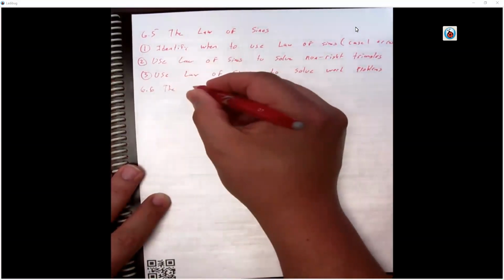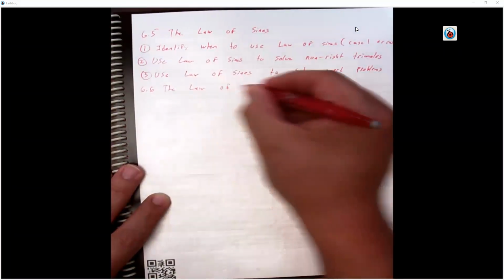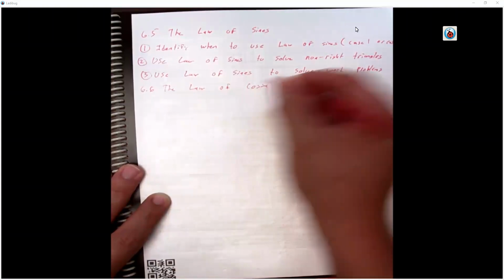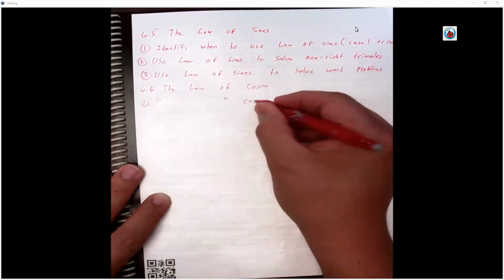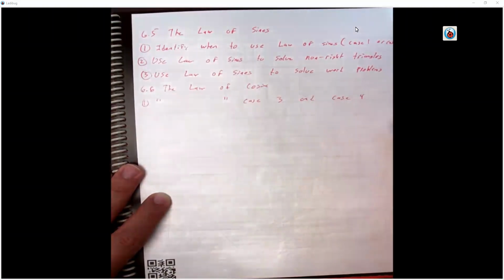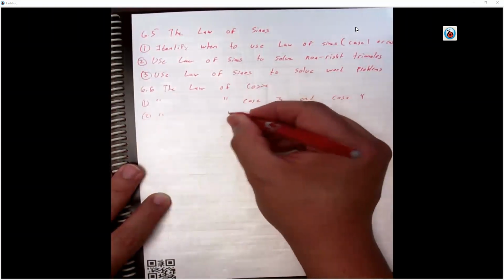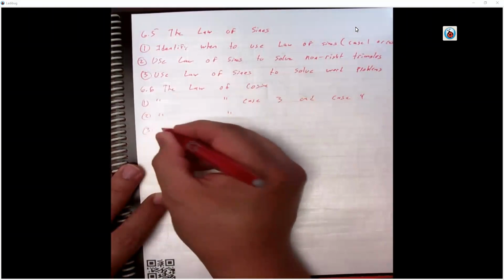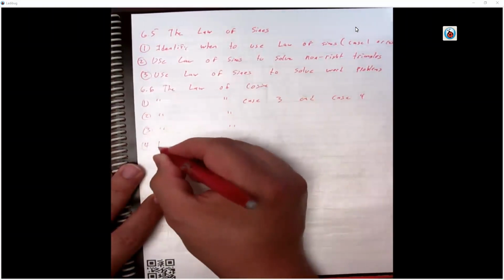Law of cosines will be exactly the same, so I'm not going to rewrite this. So number 1 is the same, except it's case 3 and 4. Number 2 is the same. Number 3 is the same. Number 4 is the area.